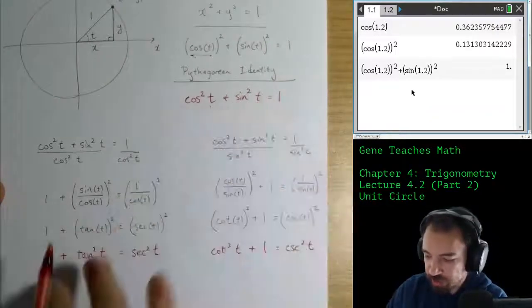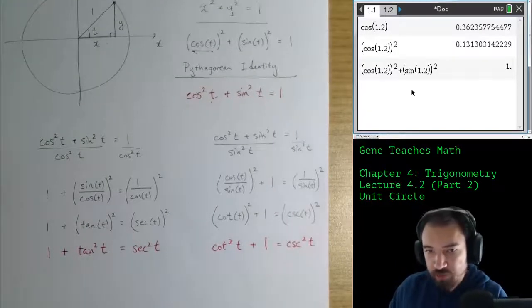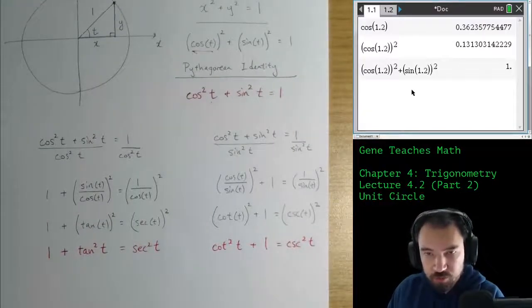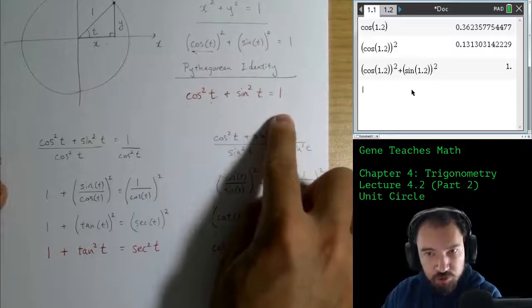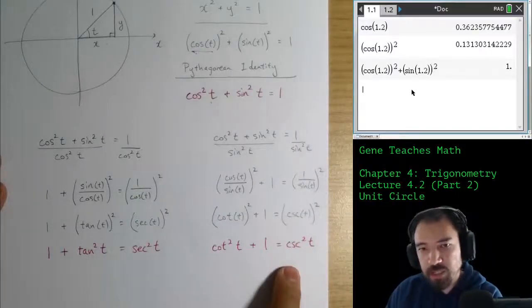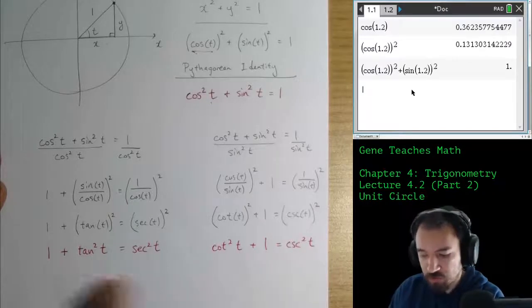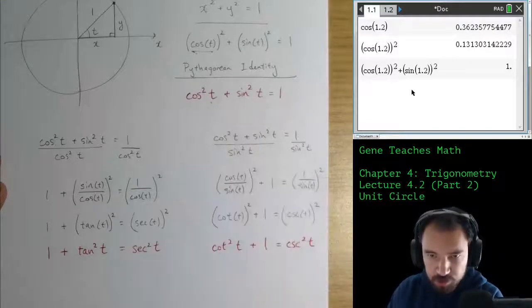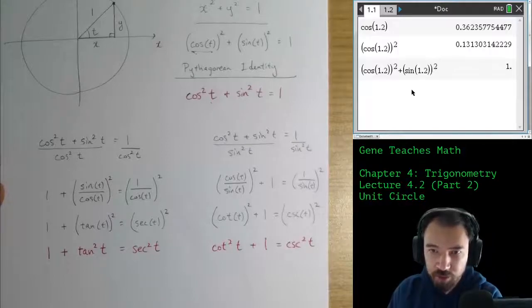The three identities written in red are all Pythagorean identities. These are worth remembering. This one for sure. This is very useful. This one is a little bit less common because in most cases you can just use this one or that one, but all very useful.